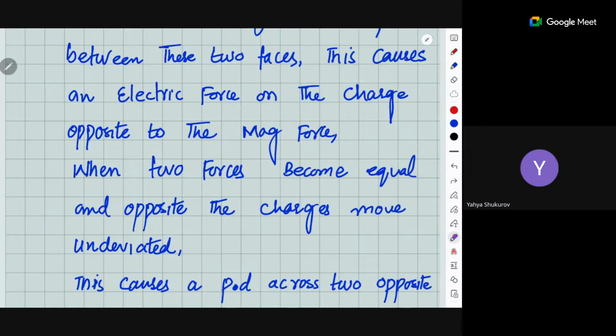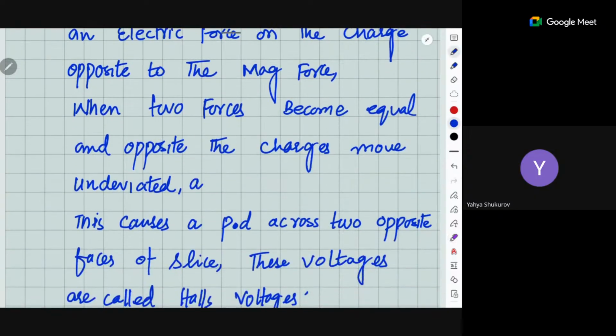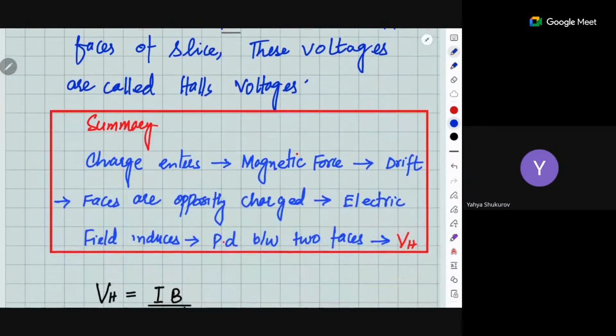When these two forces become equal and opposite, the charge moves undeviated, and a constant voltage, a potential difference, is developed across the slice. That potential difference is called the Hall voltage.